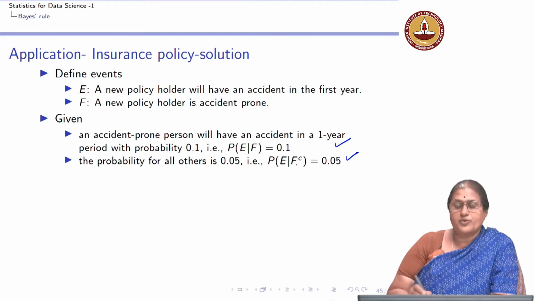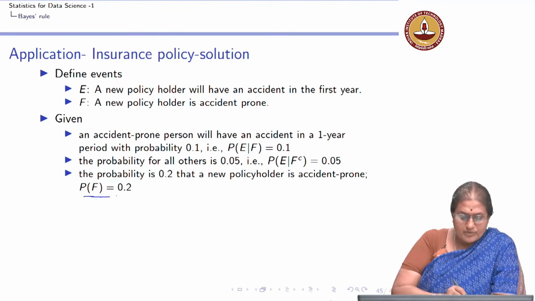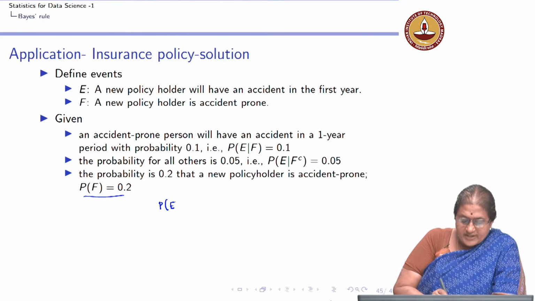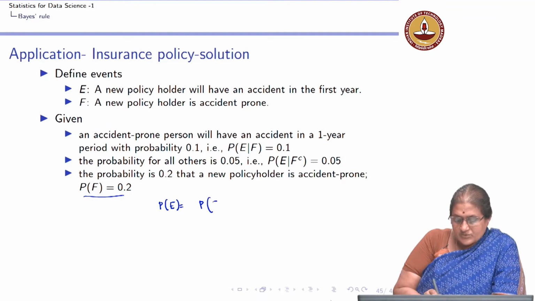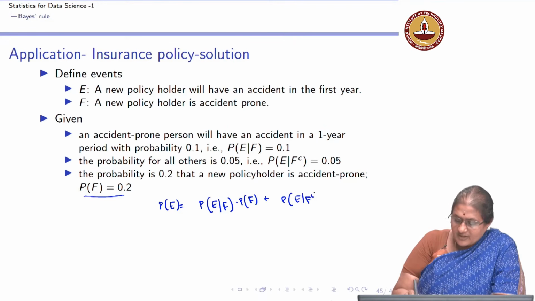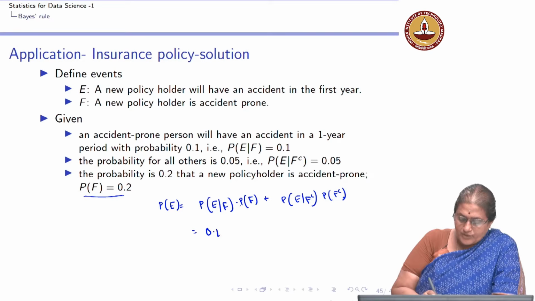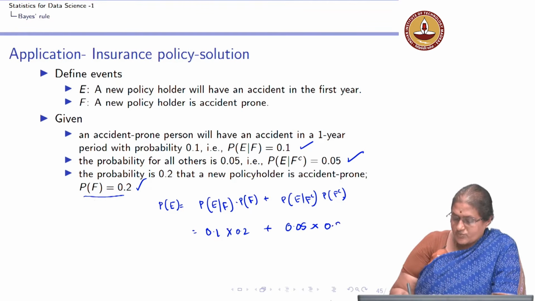Probability of E given F is 0.1, whereas probability of E given F complement is 0.05, and probability of F is 0.2. So, the law of total probability tells us that probability of E is equal to probability of E given F into probability of F plus probability of E given F complement into probability of F complement, which is equal to 0.1 into 0.2 plus 0.05 into 1 minus 0.2, which is 0.8.